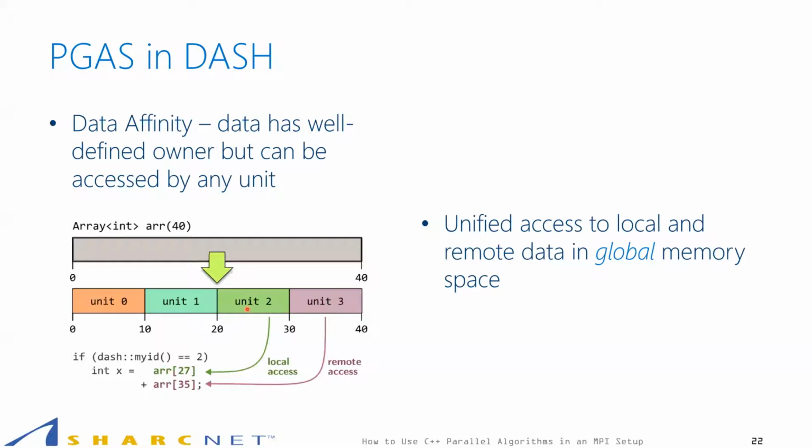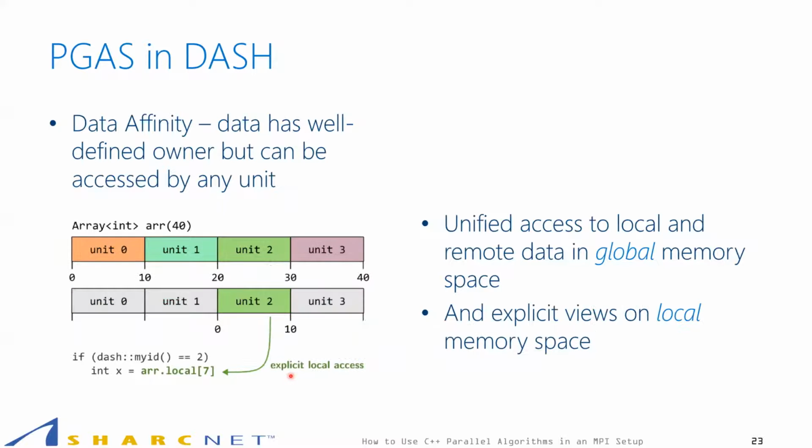But when we are on unit 2, using this semantics uses the local access. But on the same unit, if you use arr[35], which is global indexing, it refers to an element in unit 3. So you can use both local access and remote access using the global indexing.